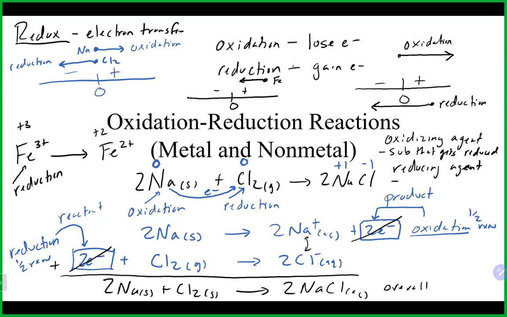And the reducing agent is the substance that gets oxidized. So when you're talking about the agents, it's opposite of its name. An oxidizing agent is the substance that gets reduced. A reducing agent is the substance that gets oxidized. So it is opposite of its name.